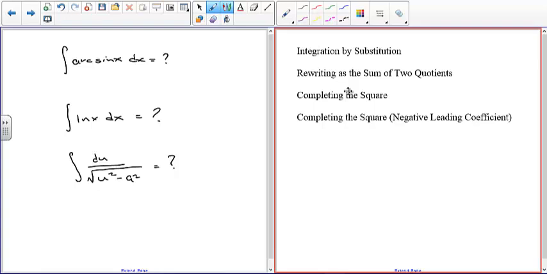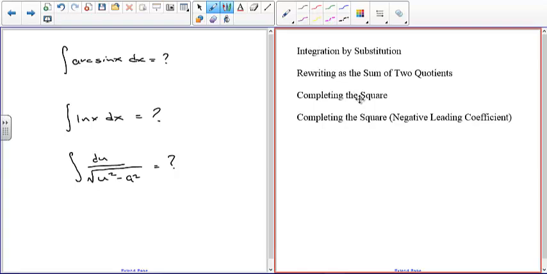Okay, so there are 4 different techniques we're going to look at for doing problems like the one I just did. They're a little more complicated. We did integration by substitution, so we'll do a few more of those. Sometimes rewriting the original quotient as a sum of 2 quotients.